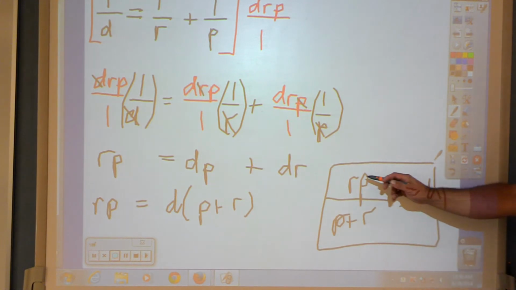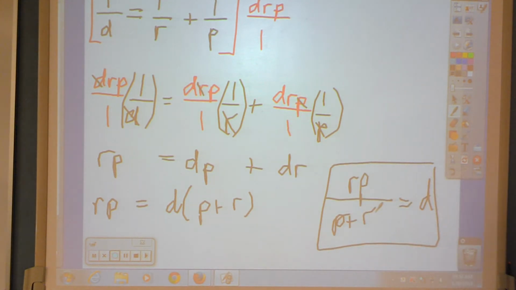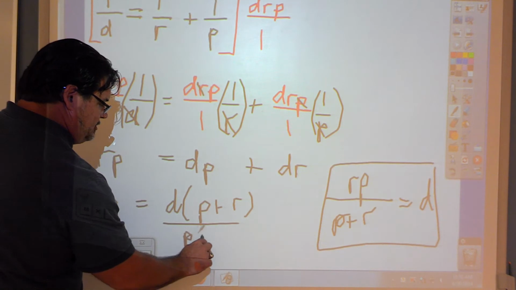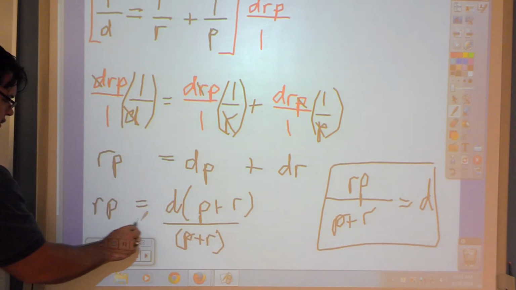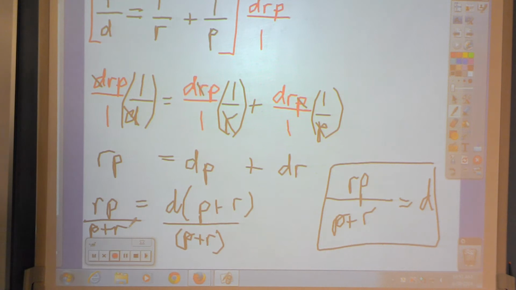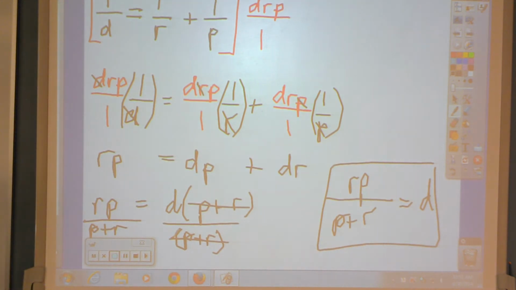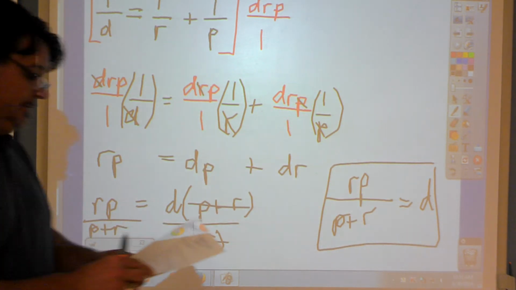The answer is RP over P plus R, so equal D. If I divide both sides by P plus R, you solve it for D. What I'm saying is, I need to put D equals RP over P plus R. That's fine, it doesn't matter which way. Jody and Susie can switch sides of the seesaw.